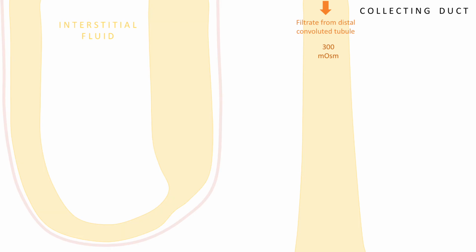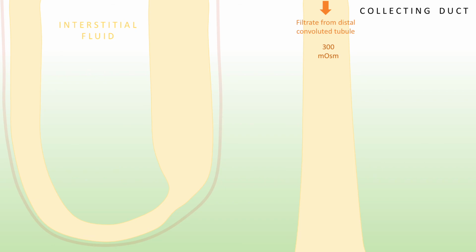And remember that the loop of Henle is in close proximity to the collecting duct in the medulla. And remember from what we discussed about the way the loop of Henle functions, there is a sodium ion concentration gradient that increases from the cortex down into the inner medulla.